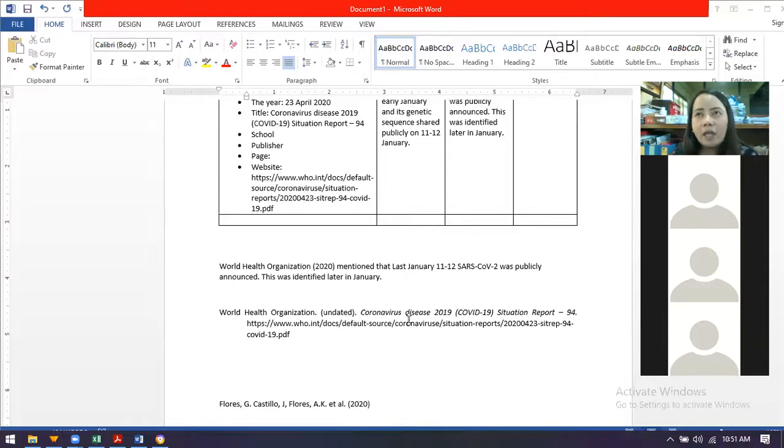And at the same time, halimbawa sa chapter 4, later on kasi after natin i-code yung mga sagot ng mga participants natin, we will be asked to present mga backup studies or backup literature that can strengthen yung claims ng mga answers or mga results ninyo sa discussion and sa findings ninyo.